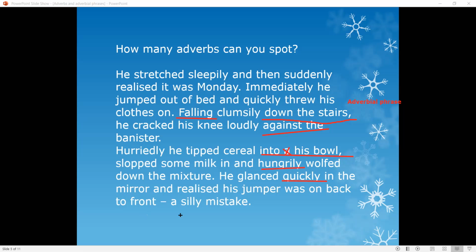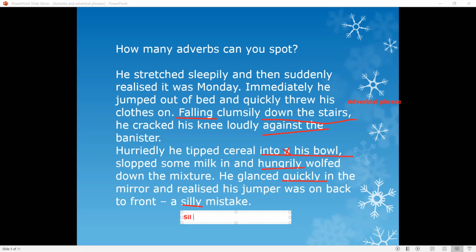A silly mistake. Someone's going to ask me, Miss, is silly an adverb? I'm going to tell them no, of course, because what's the root word of this word? Silly is an adjective that describes a mistake. Plus, we said before, in order to form an adverb, we need an adjective.